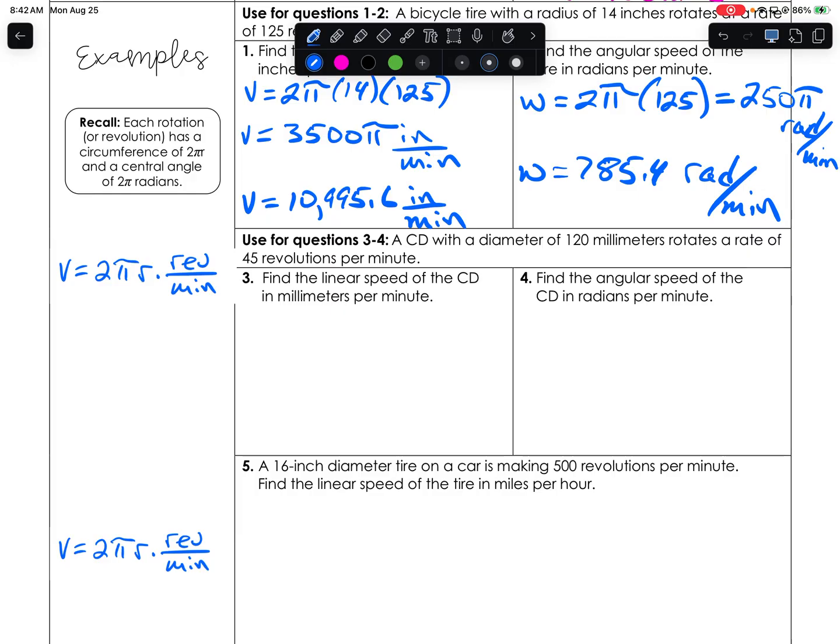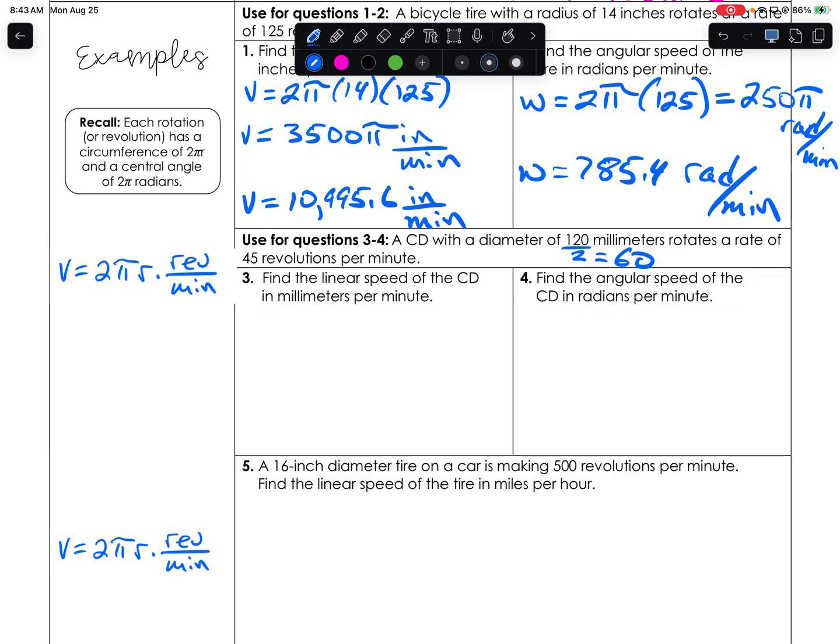The only trick is, look right here. It says diameter of 120. So what do I have to do with that? So we need 60 because it's just radius in the formula, not diameter. So you get divided by 2. And then you can plug stuff in.